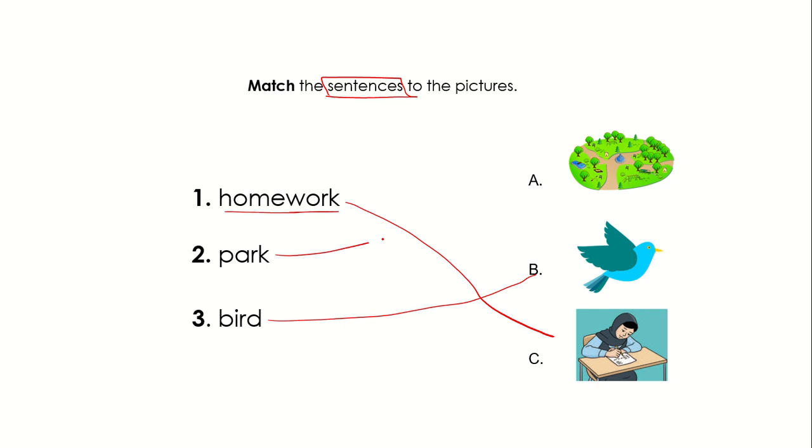So then this one must be the park. In the exam, they will give you 2 extra pictures. So you will have to think a little carefully because sometimes some pictures are close to confuse you a little, okay? So look for some keywords, and most of the questions will be from the words they've asked you to learn.